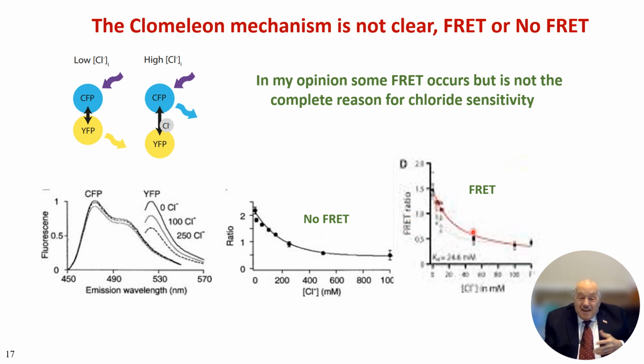In fact, you can find different graphs in the literature, some just listing the wavelength ratio, some listing the FRET ratio. In my opinion, some FRET occurs. I'm not sure that it's the complete reason for the chloride sensitivity of these dimeric proteins, but in any event, they're going to be widely useful in brain research.